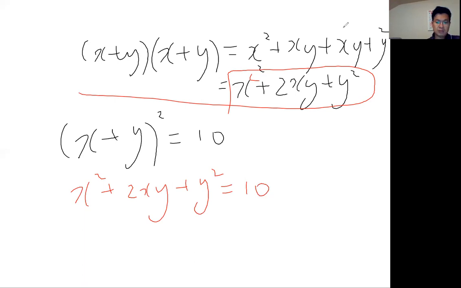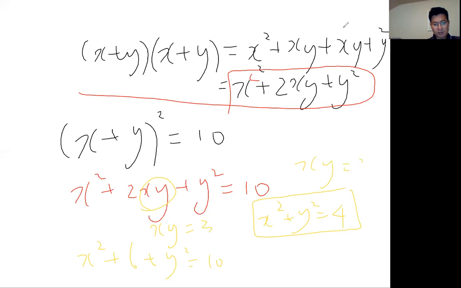Another given piece of information is x times y equals 3. That means x squared plus 6 plus y squared equals 10, so x squared plus y squared equals 4. So we have this as 1, and the given information as 2.